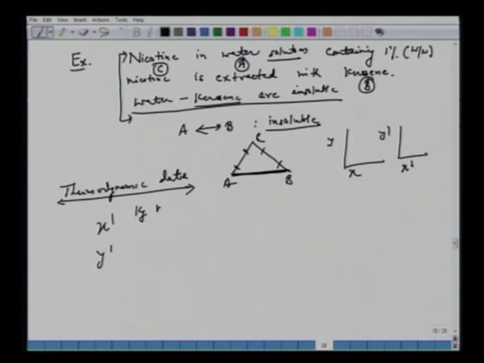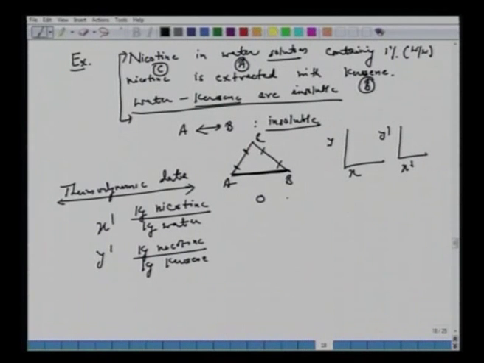You have kg of nicotine per kg of water, and you have kg of nicotine per kg of kerosene.